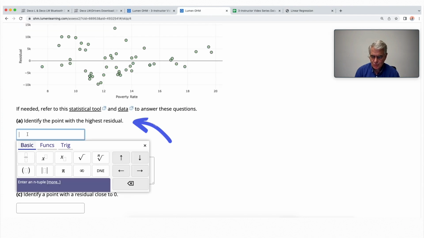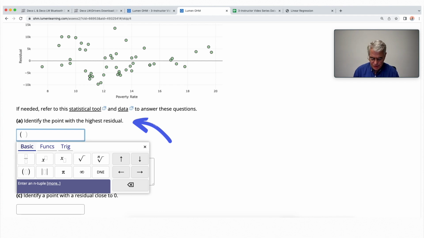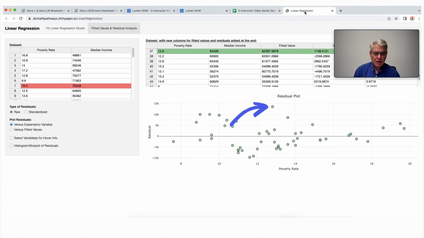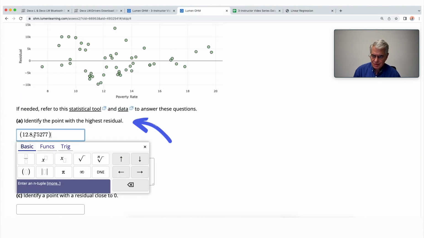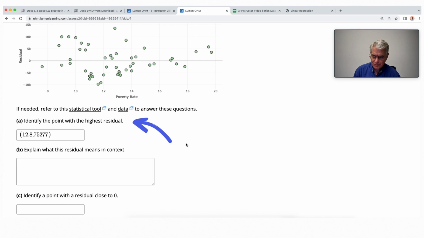So we just put this in as 12.8 for x, comma, 75277, I think is what it was. We'll double check. 75277, 12.8. That's the coordinate with the highest residual.